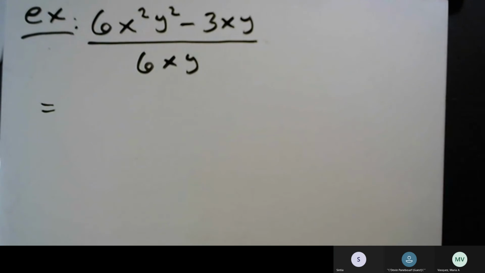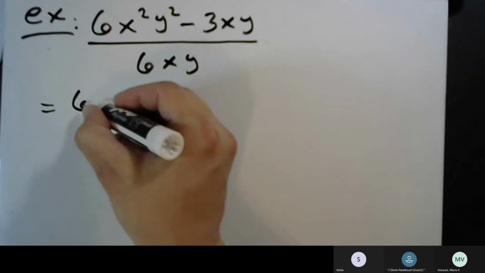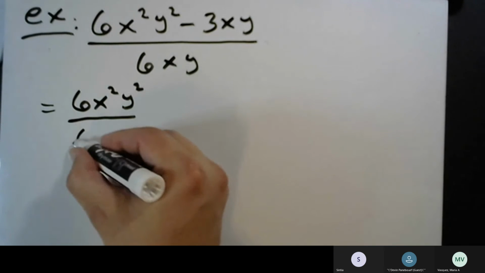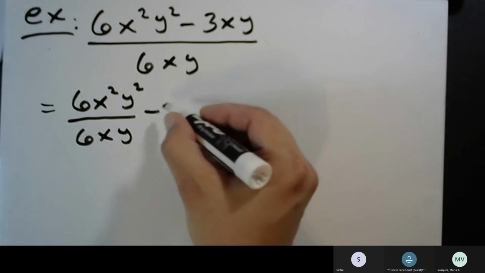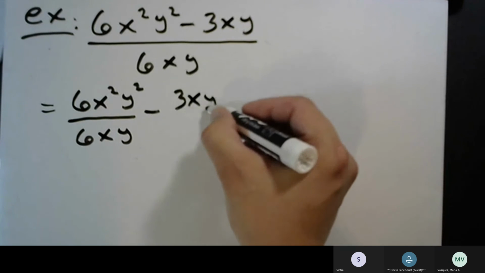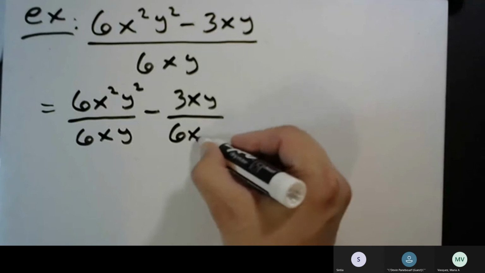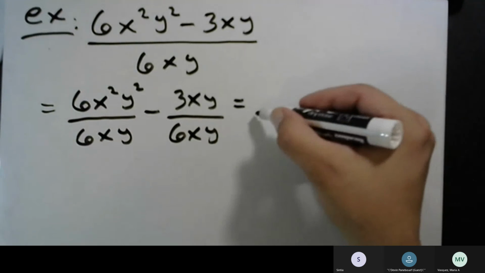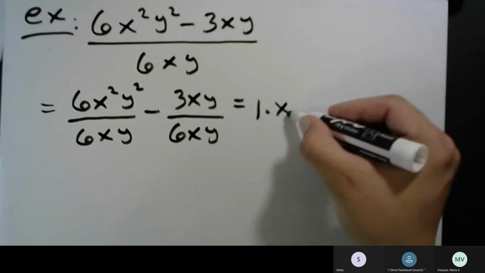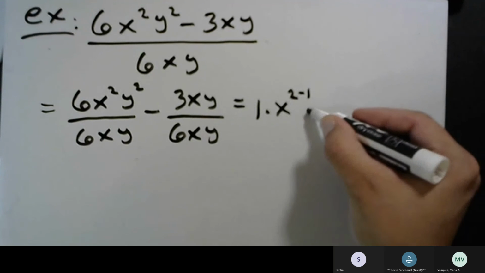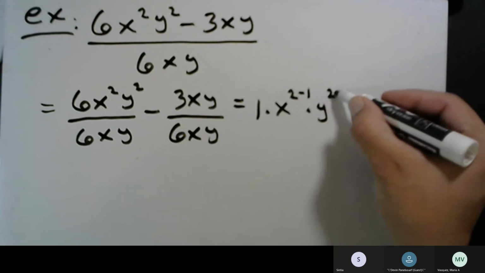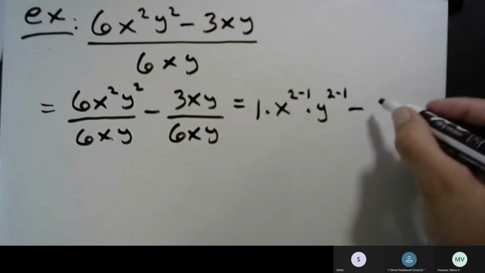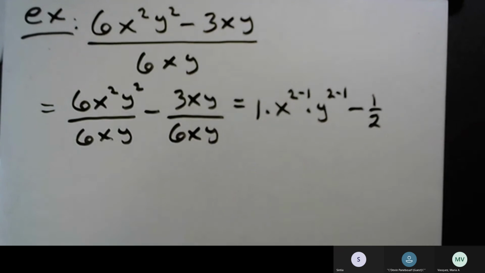Each top term gets a denominator with the bottom term. So here we got 6 divided by 6 is 1. X to the 2 minus 1. Y to the 2 minus 1. And then 3 over 6. That reduces to 1/2.